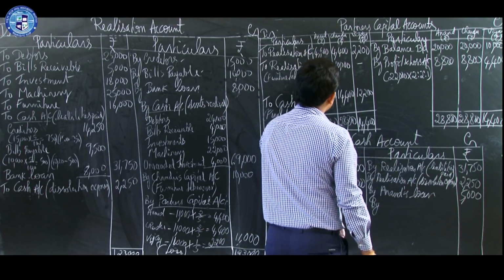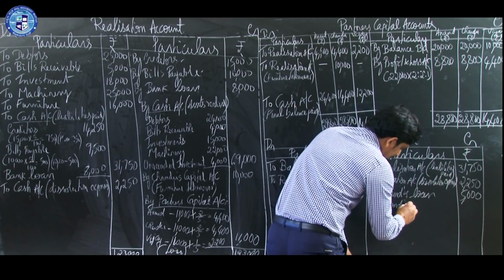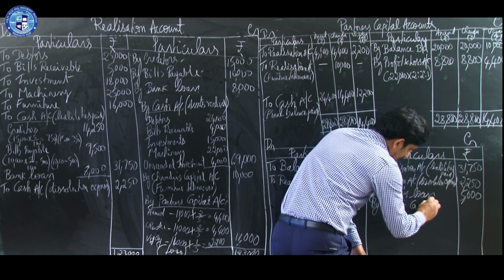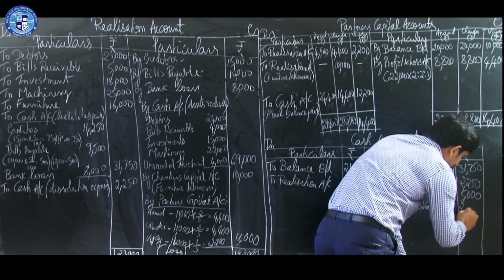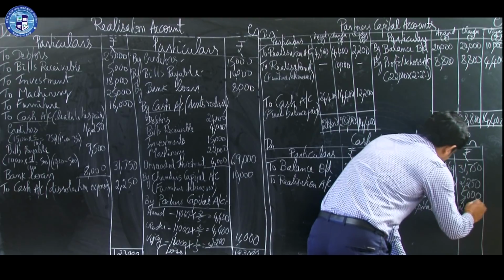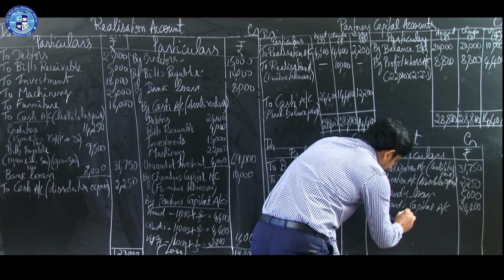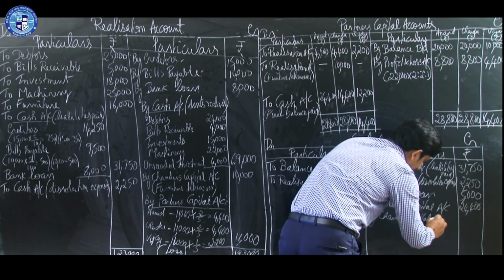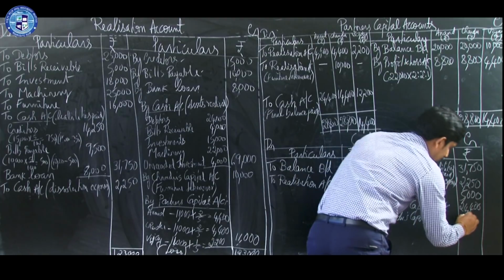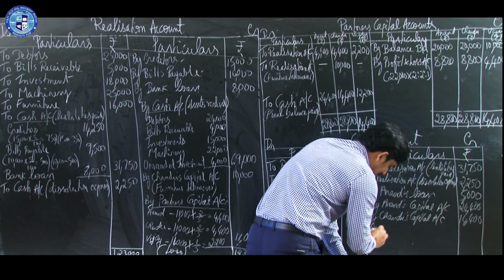By how much is paid? First partner, Anand: 24,400, by Anand's capital account. Chandu's capital account: 14,400.